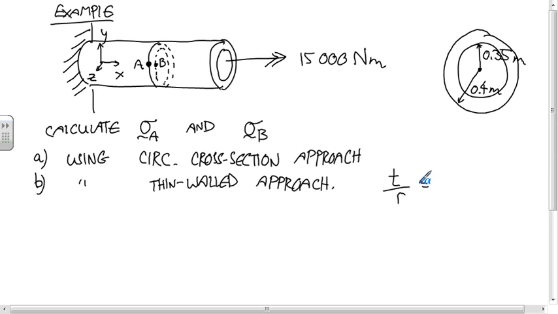So about 0.125, right? The thickness is about 12.5% of the radius. So we're going to see that this gives reasonably good results and sort of shows us that it doesn't have to be too thin-walled compared to the overall dimension, but about 10% might be an okay rule of thumb, okay? Thickness over radius should be about 10%.